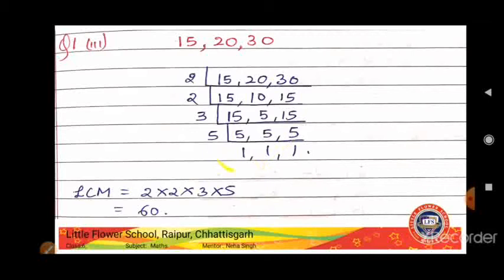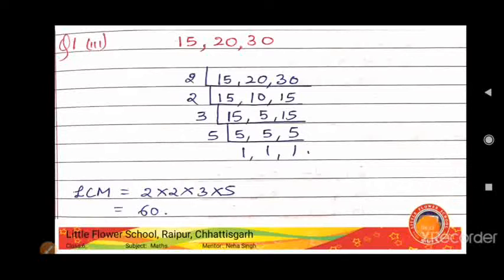Now 5, 1, 1 and 1, 5, since all three numbers will be divisible by 5. Now to find the LCM, what are we going to do? We'll multiply all these: 2 into 2 into 3 into 5. 2 into 2 is 4, 4 into 3 is 12, 12 5s are 60. So the LCM is 60 for the first question, third part, right?